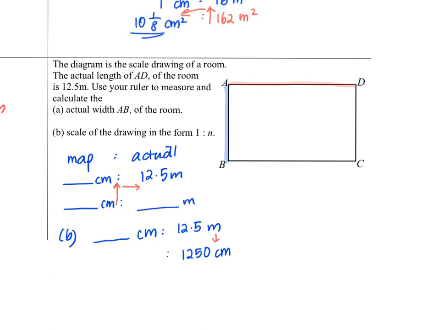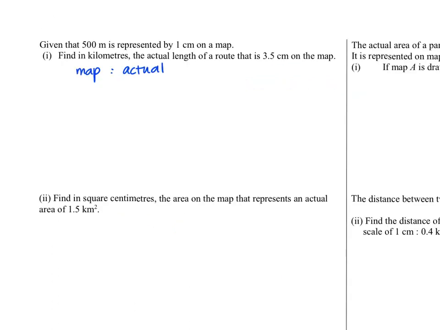And now I have your measurement of AD in cm, and we try to change it to 1 is to something. So we're going to divide so that we can get the ratio. Now I won't be able to know the answer because different people may measure your diagram slightly differently. Alright, so now let's move on to the next question.